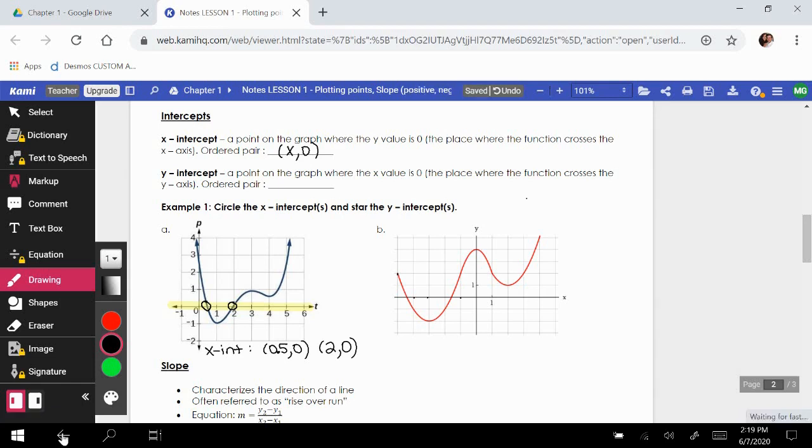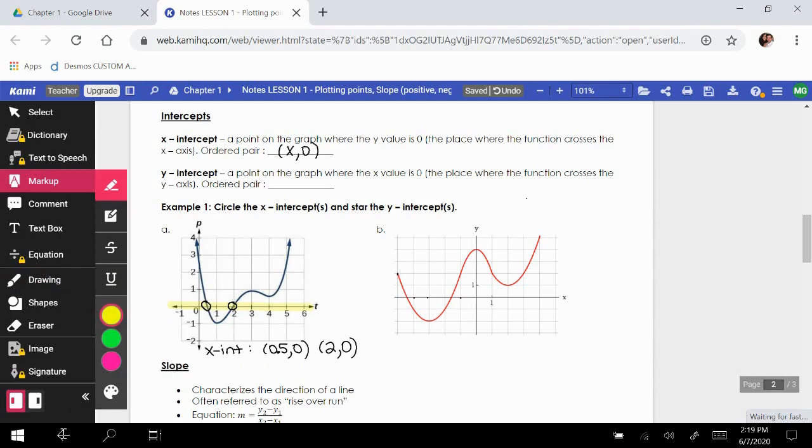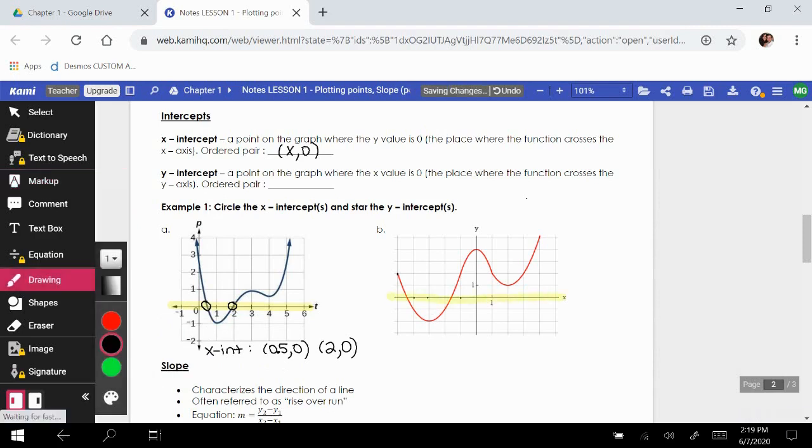Okay, let's repeat this process. Try it on your own for the second picture. Here's the x-axis. Tell me the points where you see x-intercepts. The first place it crosses is right here, and we see another cross right there, and I think that's it. Okay, so let's approximate.